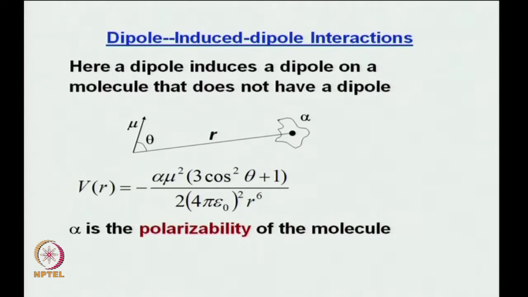What you can see out here is, V of r is equal to minus alpha mu squared, and do not worry about the rest of the terms, there is a certain term which comes over, which is alpha. Now, what is this alpha? This alpha is the polarizability. So, let us quickly discuss polarizability.